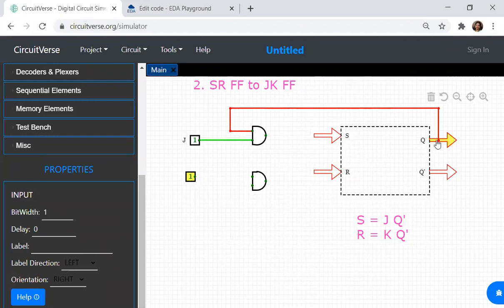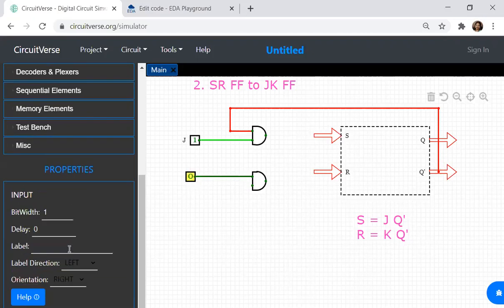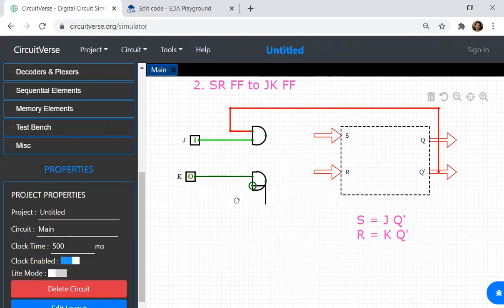The next one is K into Q. So this is my input K. Let me write this as K, and the other one is Q, it is not Q bar. The expression which I have written is Q.